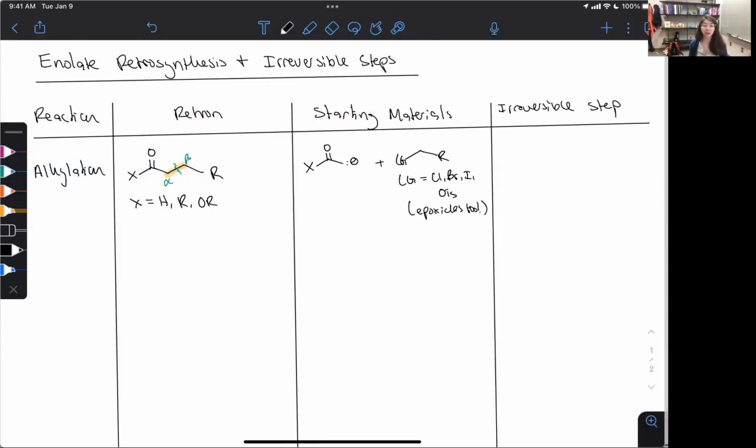So for the alkylation, the irreversible step is the formation of that carbon-carbon bond. You can't really go back from here because you'd have to break that way and then put a positive charge on there. So the actual carbon-carbon bond formation is the irreversible step.